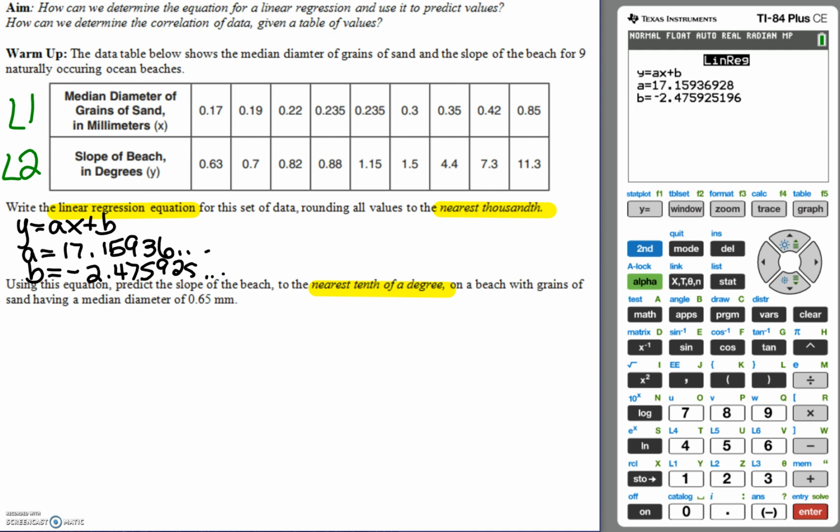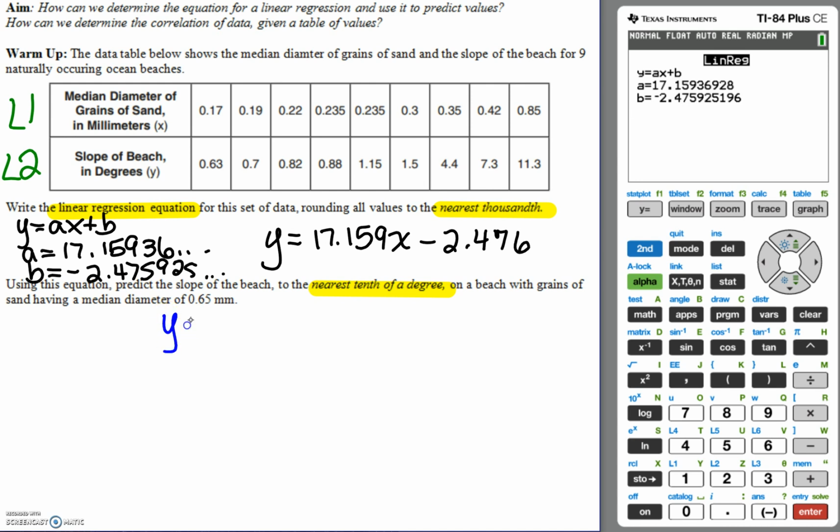From here, we're just going to substitute in our a value with 17.159x, and then our b value, which was negative 2.476.